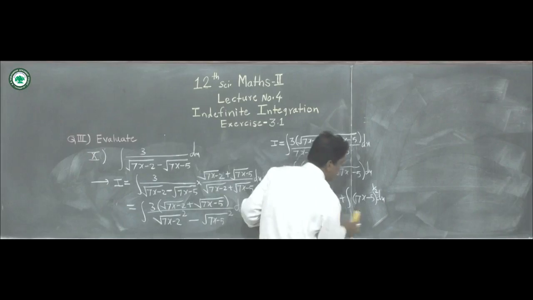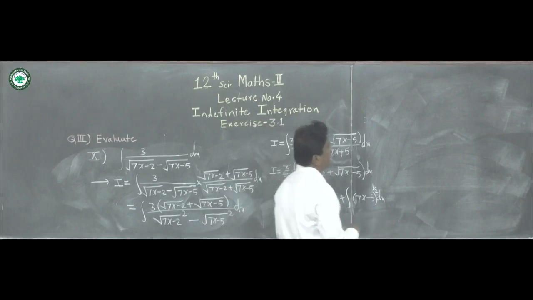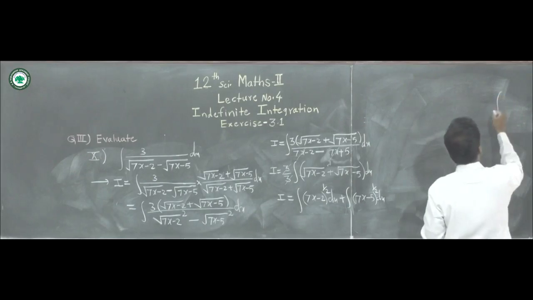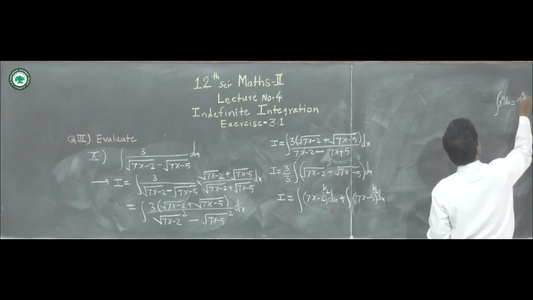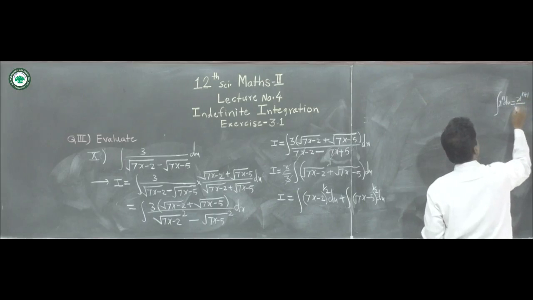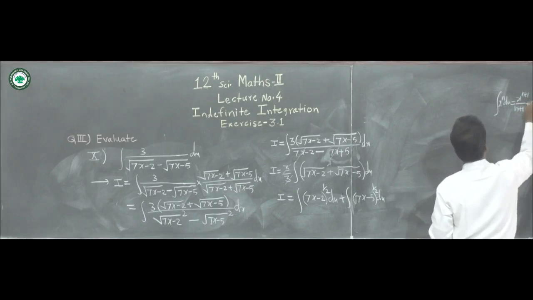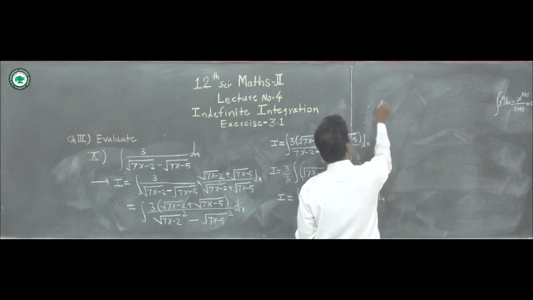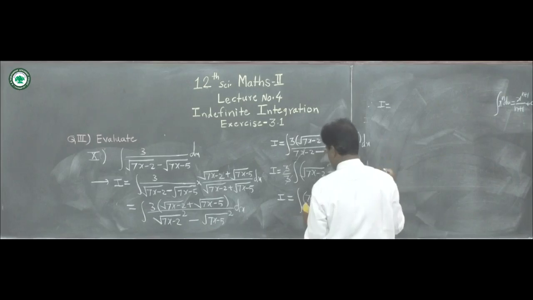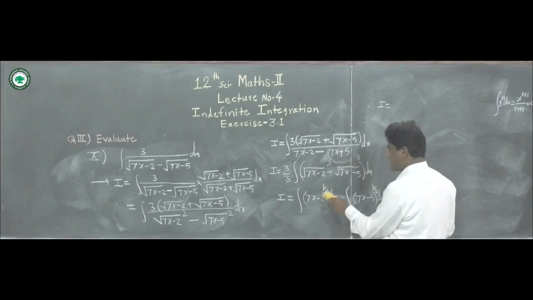And now take the integration using the formula. Which formula? Integration of x to the power n dx. We know integration of x to the power n dx is equal to x to the power n plus 1 divided by n plus 1 plus constant of integration. Use this formula and therefore I is equal to integration of x to the power half.